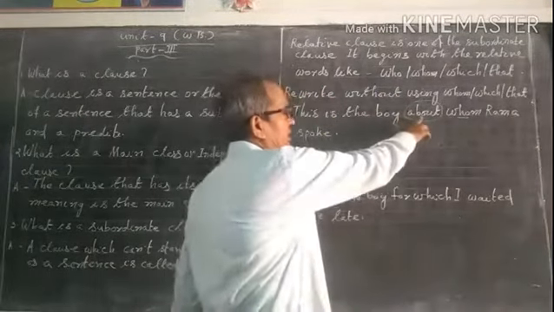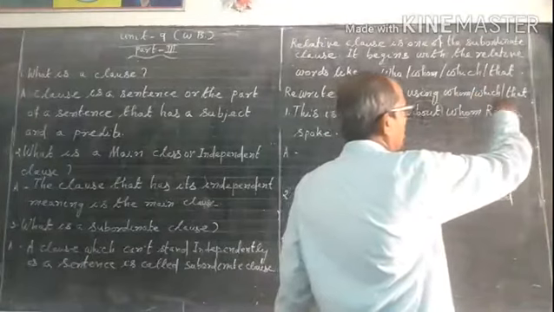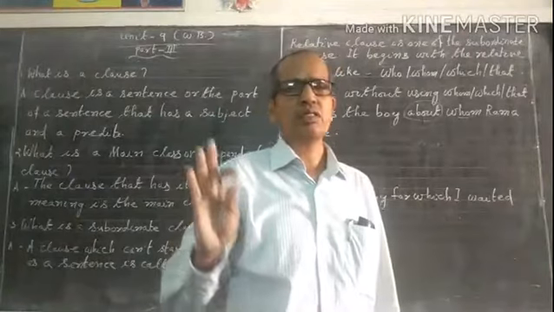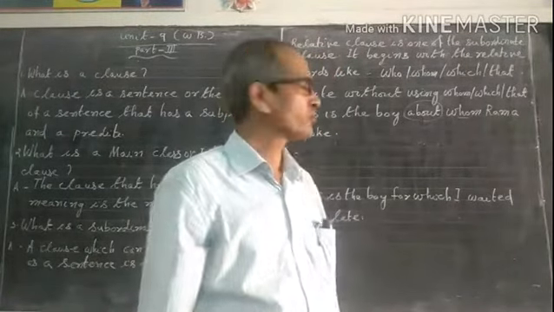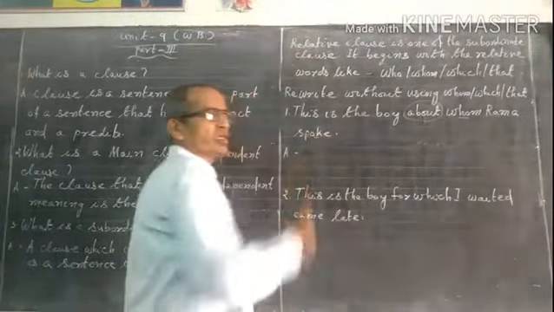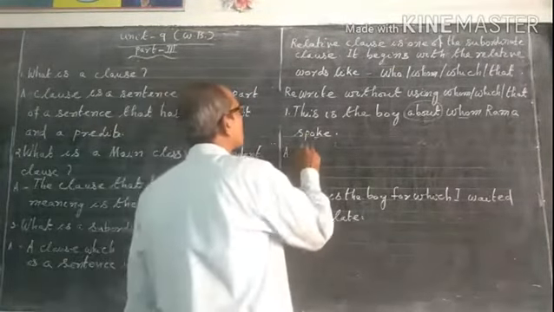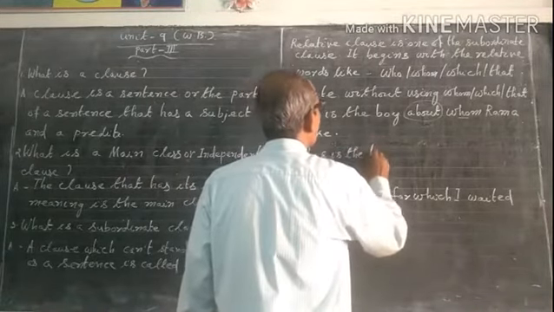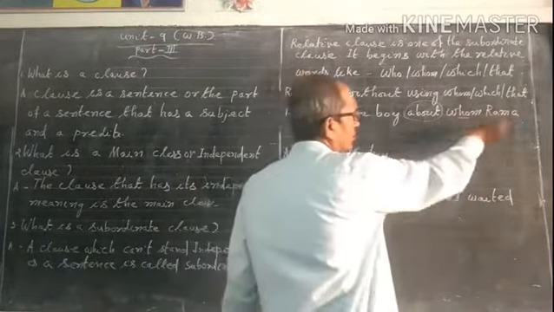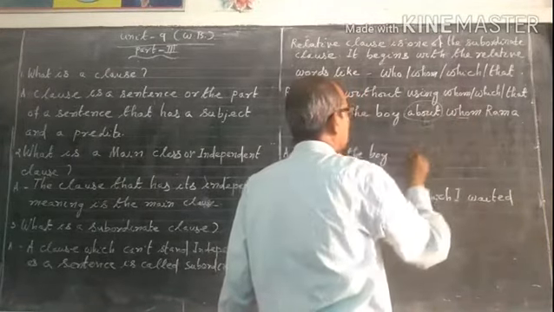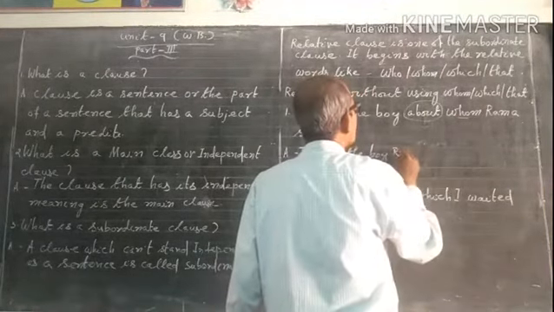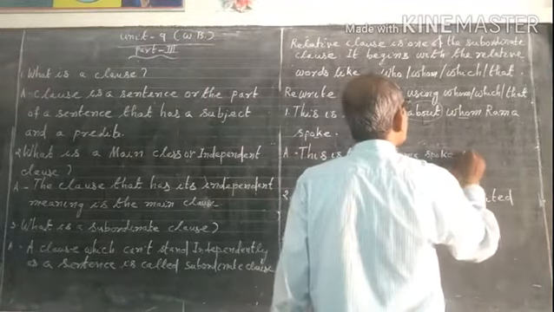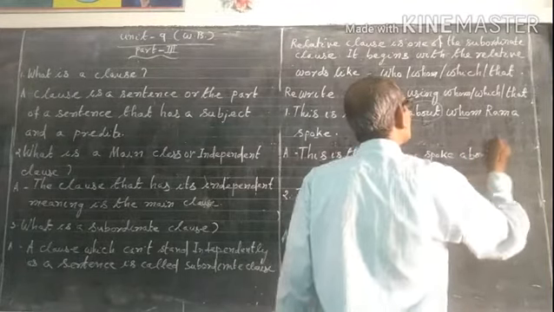We have to take the preposition after the verb of the relative clause. Which one is the verb? Spoke. Then we have to change its position. We will not write it there. Then whom will be dropped. Then Ram spoke about.